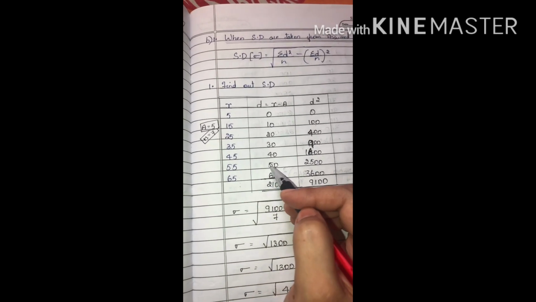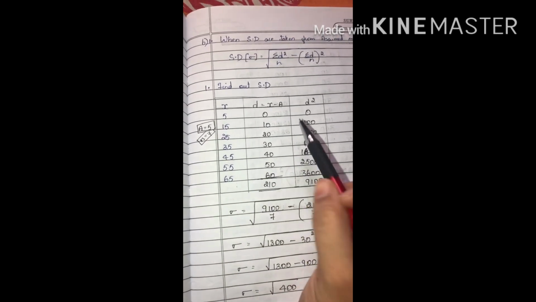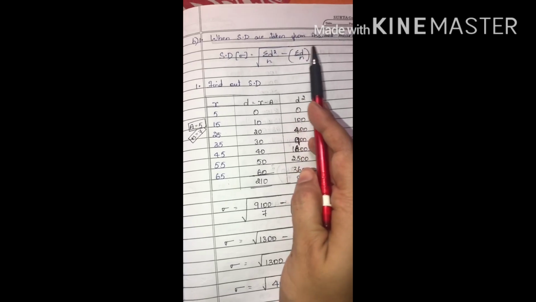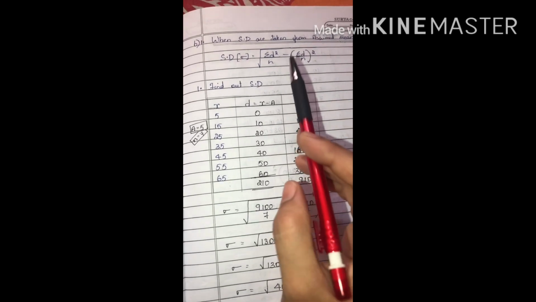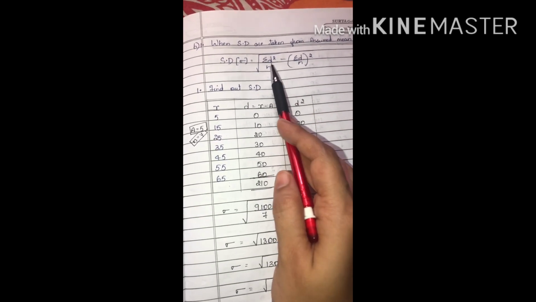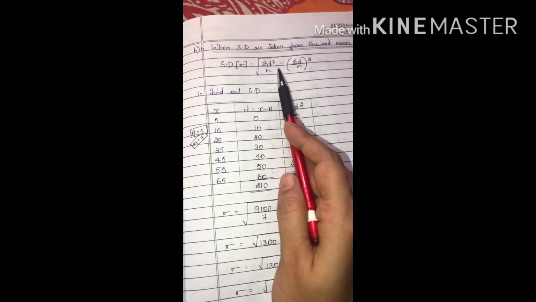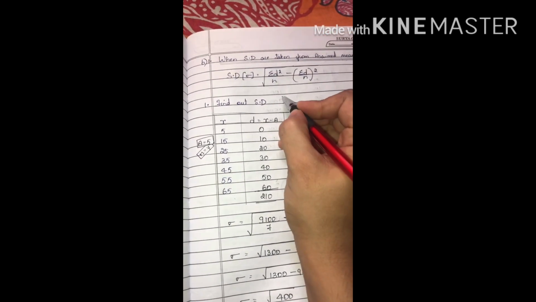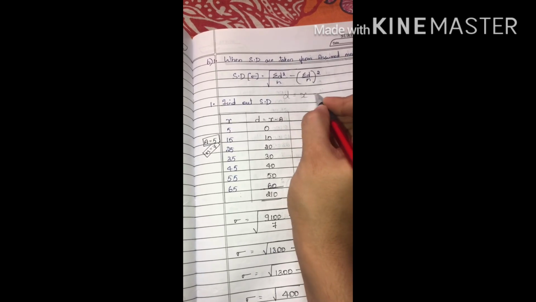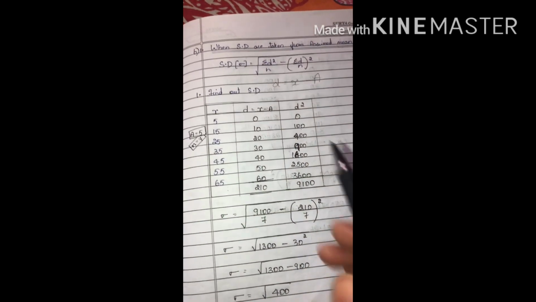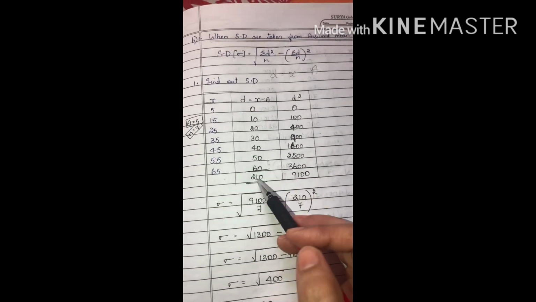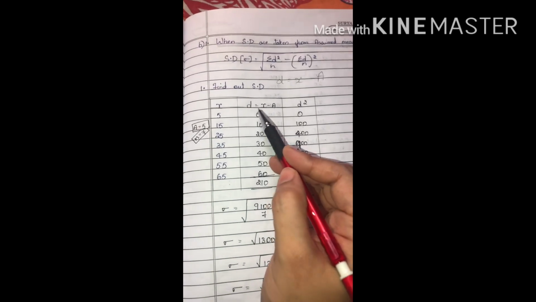Now the next column you have to identify is d, because the question is asking you to take assumed mean. The formula also says you have to first identify deviation. D stands for deviation. The formula for identifying this is x minus A, A is assumed mean. I think you should be familiar with this.